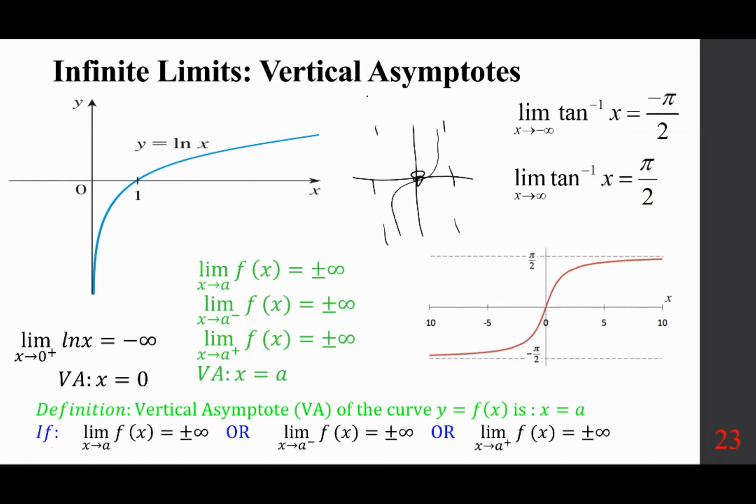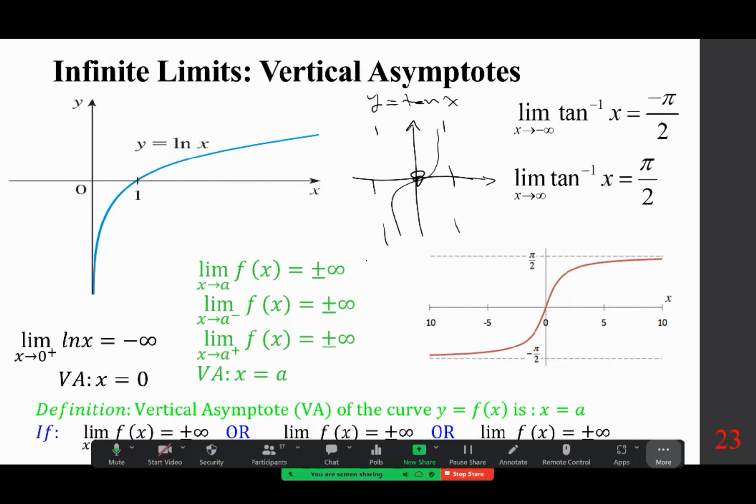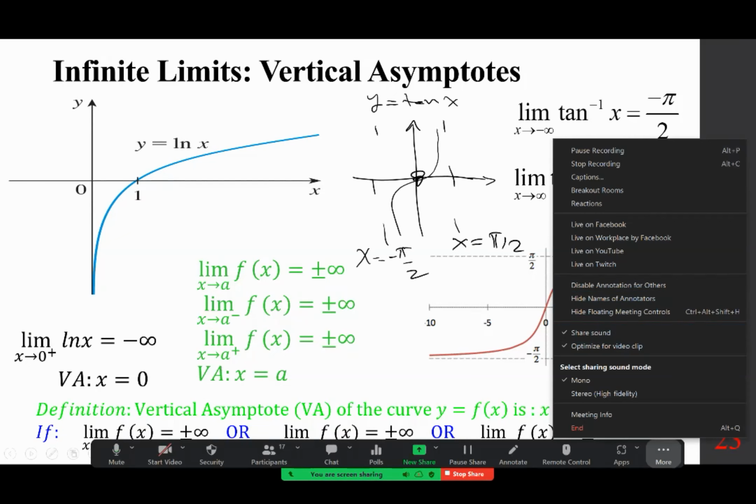This is y equals tan x. It looks like this, and it goes from x equals minus pi over 2 to x equals pi over 2 when we want a complete cycle.